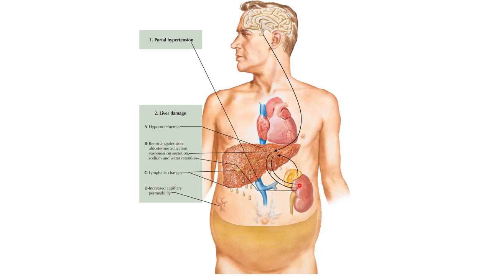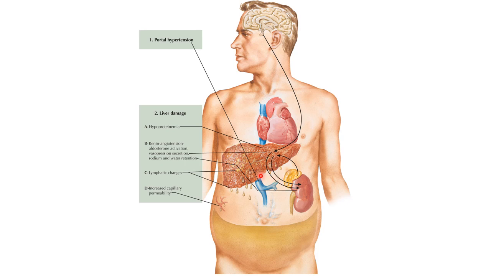So i-activate niya ngayon yung RAAS. With the activation of the RAAS, you will be reabsorbing a lot of sodium and water. But again, that reabsorbed sodium and water loses its ability to stay inside the intravascular space. And so it becomes a vicious cycle.